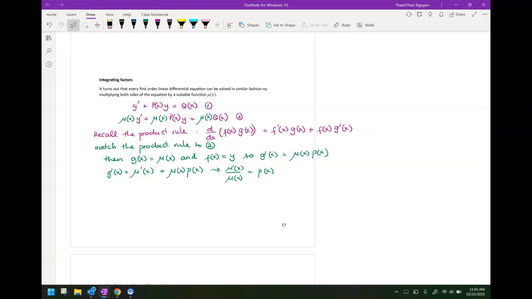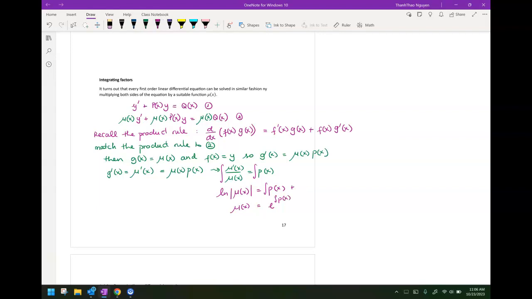If I integrate both sides of this equation, then I get ln of mu(x) equals the integral of p(x) plus a constant c. This means I can have mu(x) equal to e to the integral of p(x).